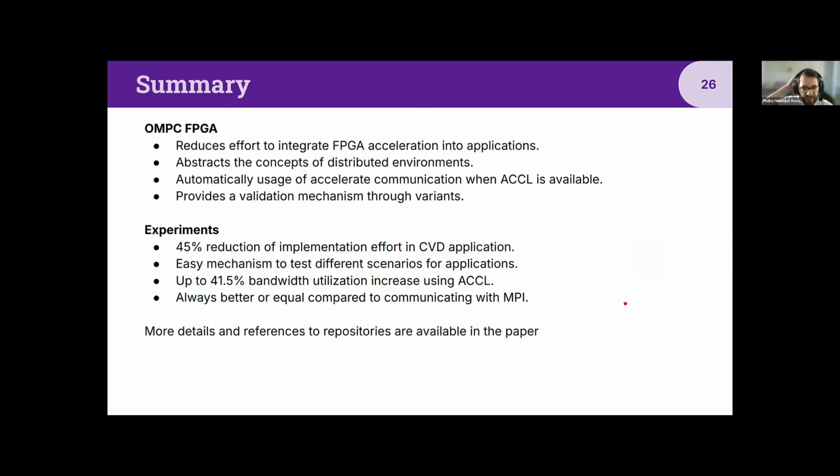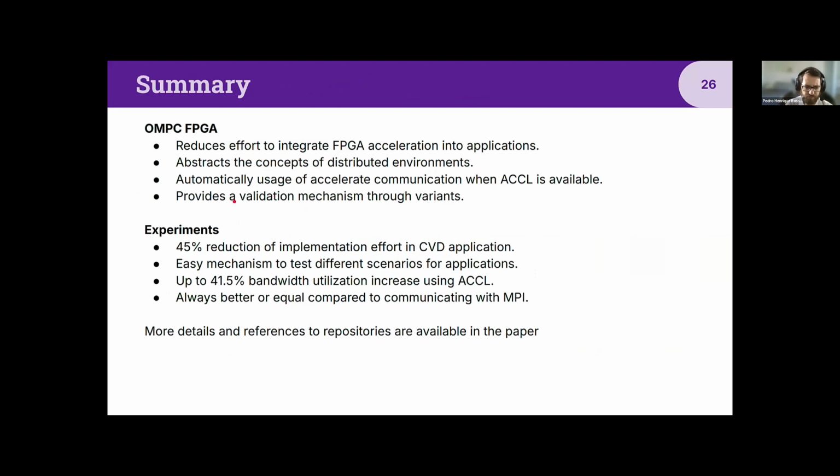So a summary here: OMC FPGA reduces the effort to integrate FPGA accelerators into applications, abstracts the concepts of distributed environments, automatically uses echo when it's available, and provides a nice validation mechanism through the variants. So you have your CPU code working and you have an FPGA kernel, you can just, with 2 lines of code, say, I want to use that kernel on FPGA and test if that works or not.